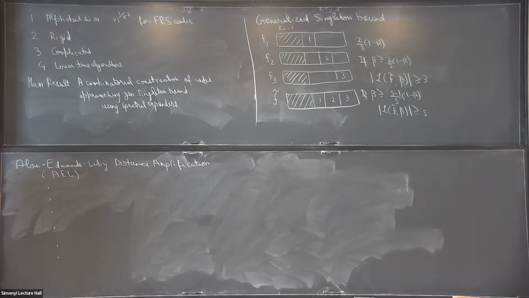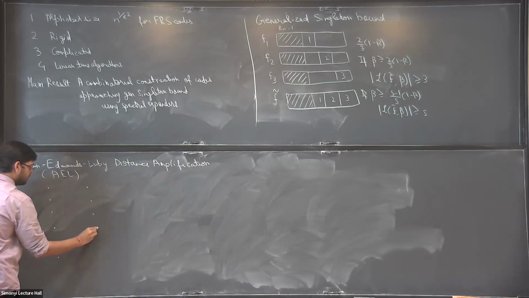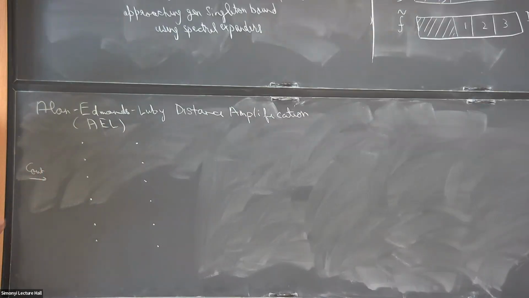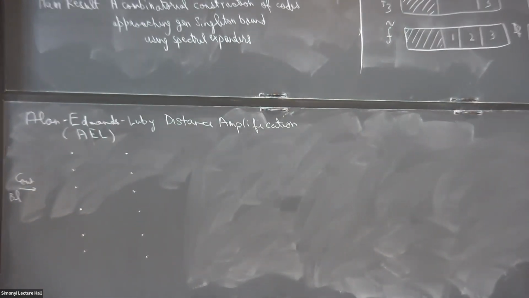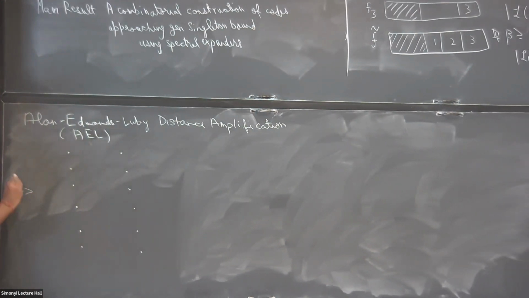So let's say we have a graph that is n vertices on both sides and D regular. Then we take a C out. This is an outer code of block length n and alphabet, let's say sigma.